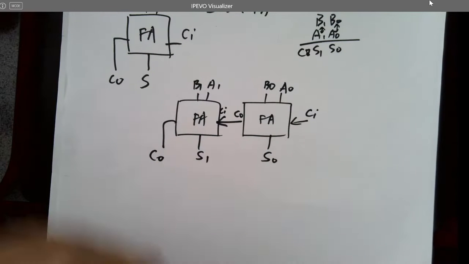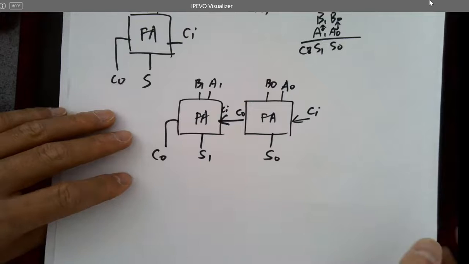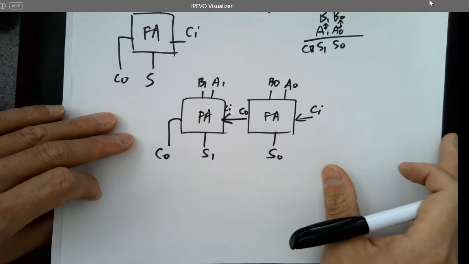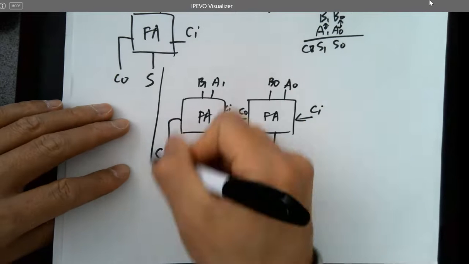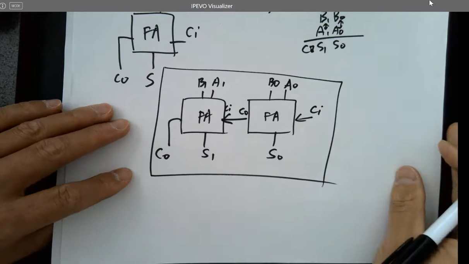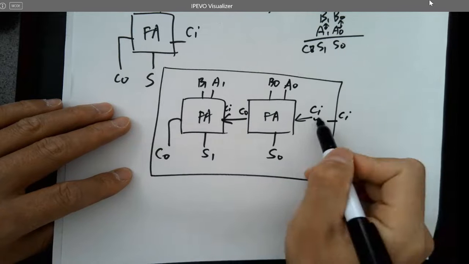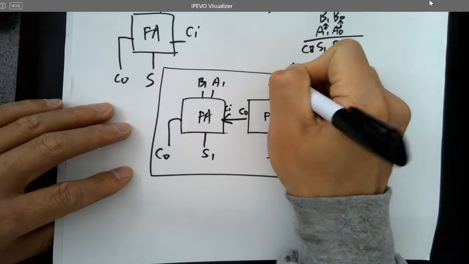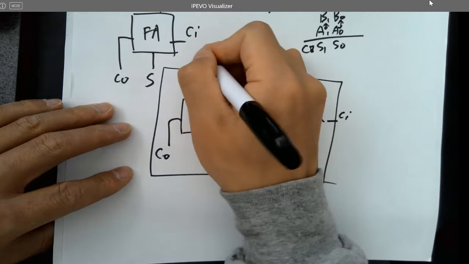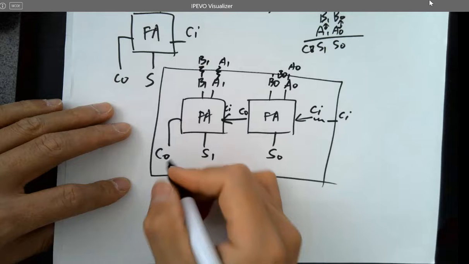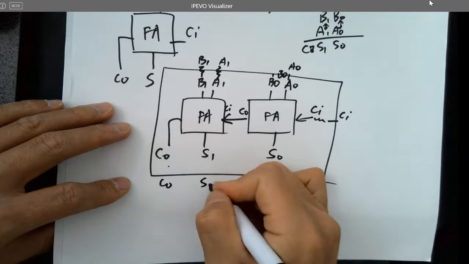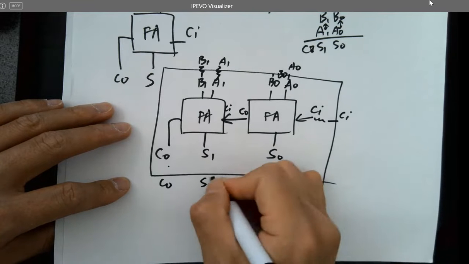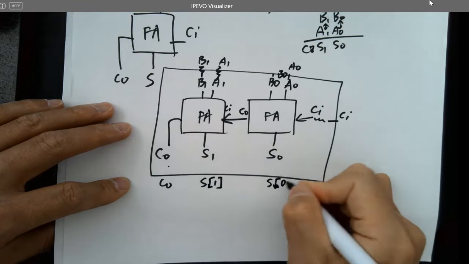When you're coding it up in Verilog, you can create one FA first and then put them together in your test bench. Okay, so eventually the chip is going to have a CI here, and you have to short it here, and definitely has A0, B0, and A1, B1 to make the connections, and CO, S1, S0, and this is the 2-bit S. So this becomes S1, this becomes S0, right?